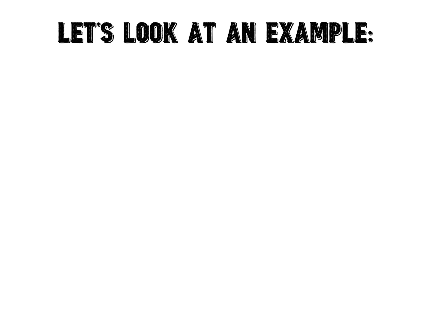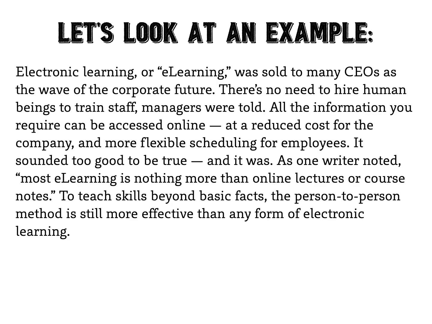Let's look at an example and find the person's position. All right, so this is just the first paragraph taken from a sample passage. Electronic learning, or e-learning, was sold to many CEOs as the wave of the corporate future. There's no need to hire human beings to train staff managers, we're told.